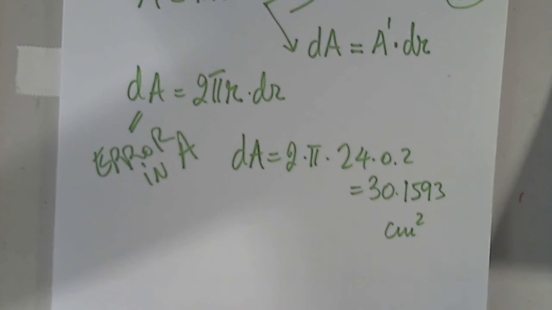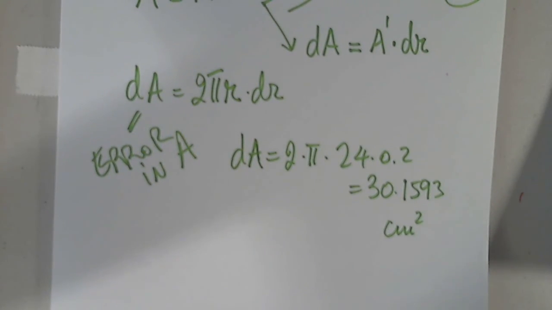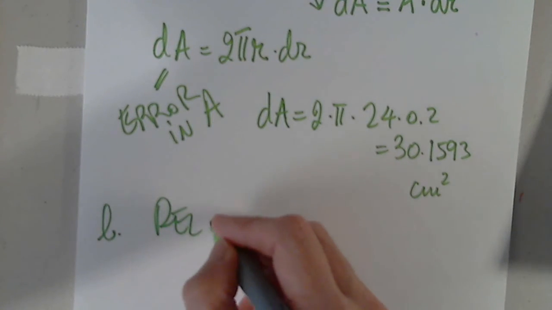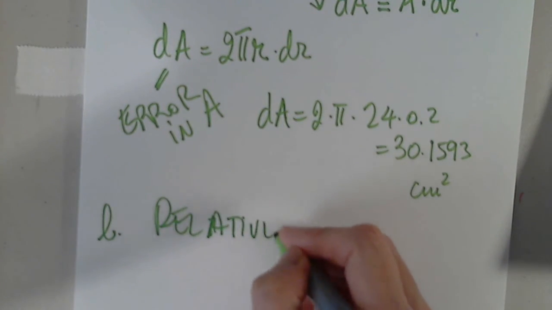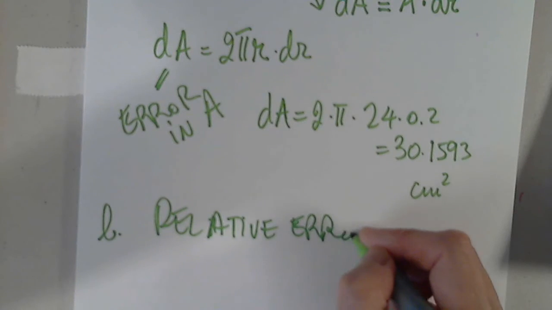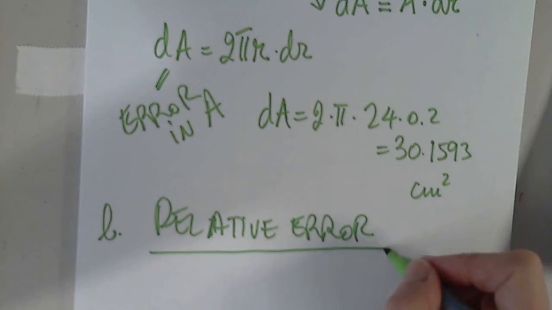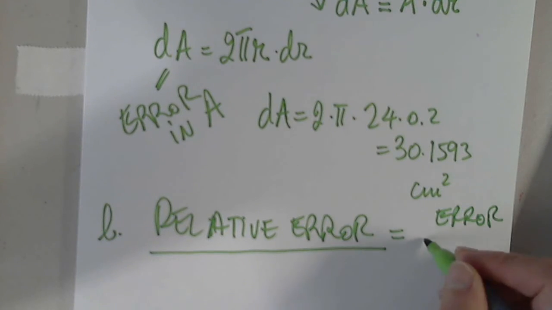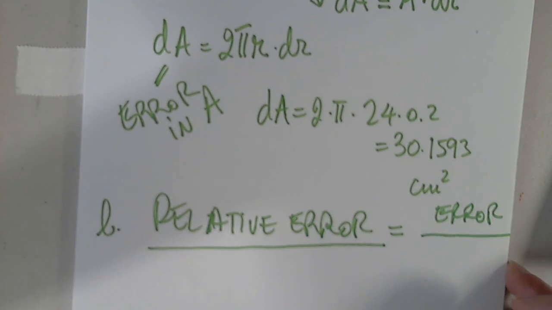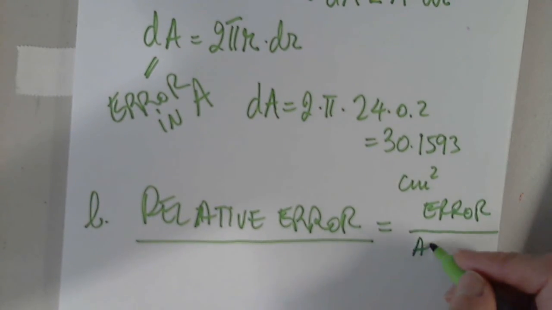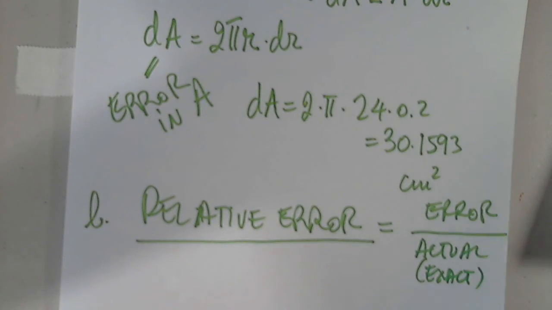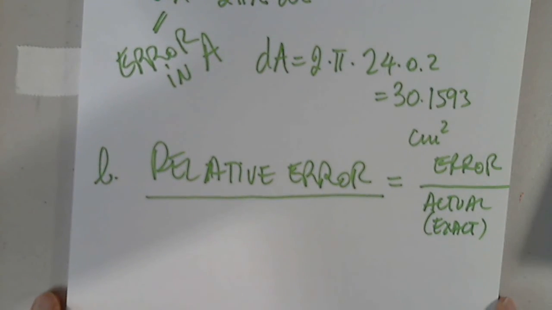Now, part B, because there is a part B, something called relative error. Relative error is the error divided by the actual, exact. That's the relative error, relative to the exact.